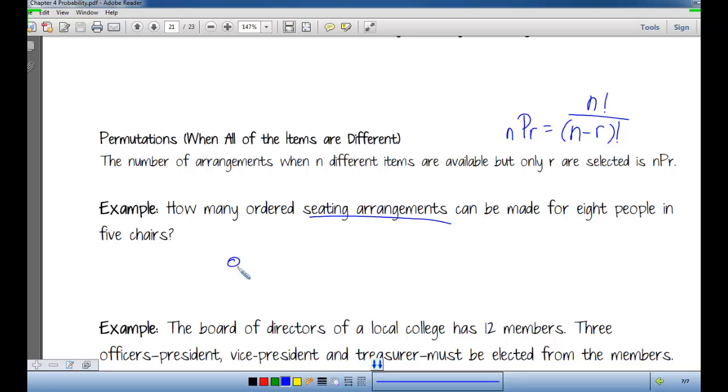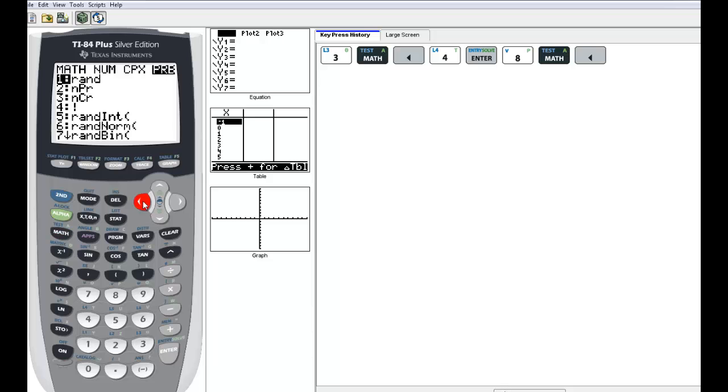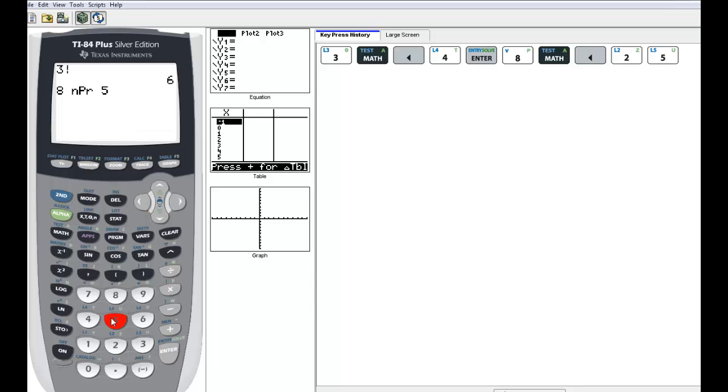So we would just say 8P5, or on our calculator, we're going to go 8, go over to math, PRB, and you see number 2 is nPr. And we're choosing 5. And so we get 6,720 different ways we could choose 5 people to sit down at a time.